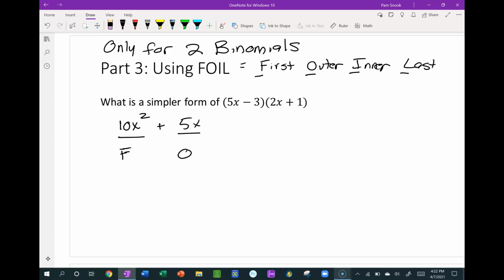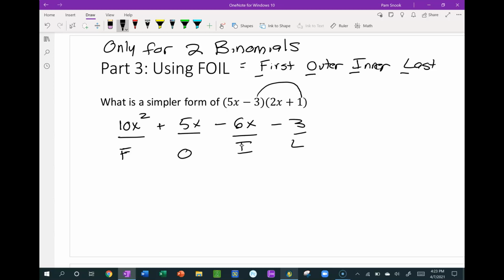I is for inner. Multiply your 2 inside terms together, the negative 3 and the 2x. That gives me negative 6x. So that's your inner. And then L for last. Multiply negative 3 times 1, your 2 last terms, and I get a negative 3, and that's the L. F-O-I-L.